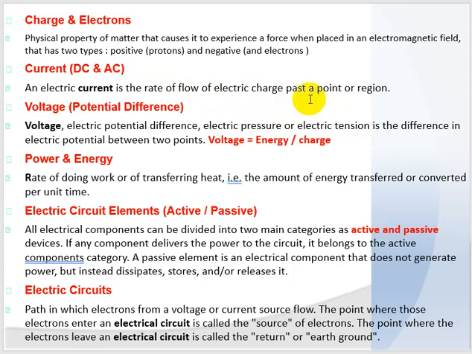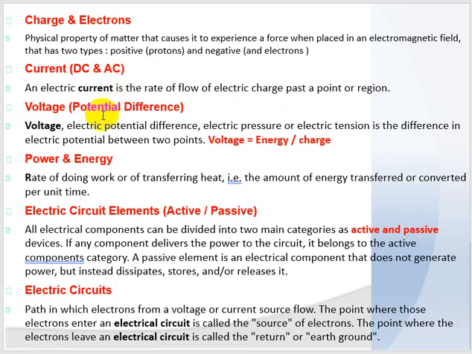If you move charge, it causes current. As I already told you, it has two types, DC current or AC current. DC current is the current which doesn't change with respect to time, and alternating current is the current which changes with respect to time.